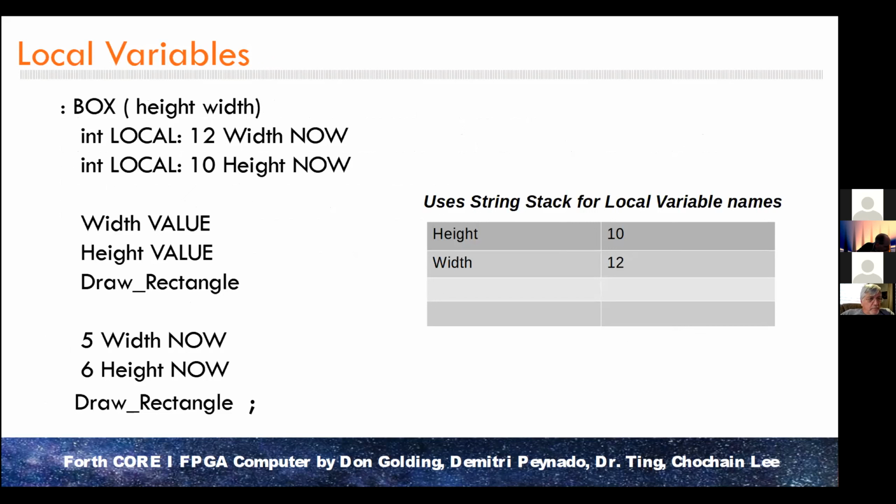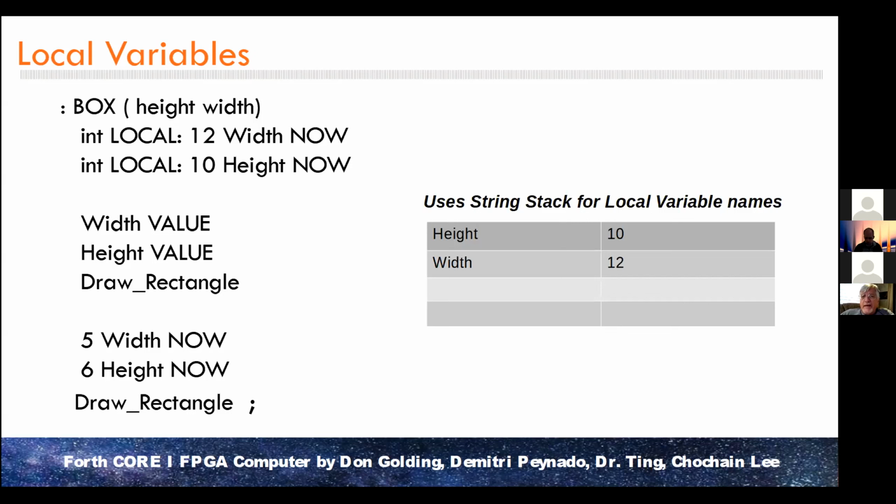Actually, the way I wrote it, I shouldn't have a stack picture in there. But anyway, you call it an int, and then local is an immediate word that will take 12 and then store it into the width variable.